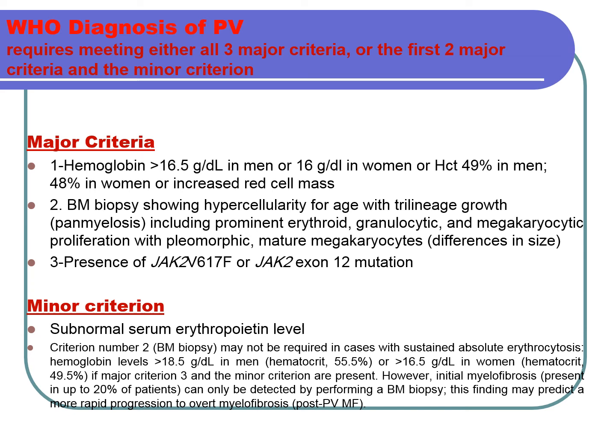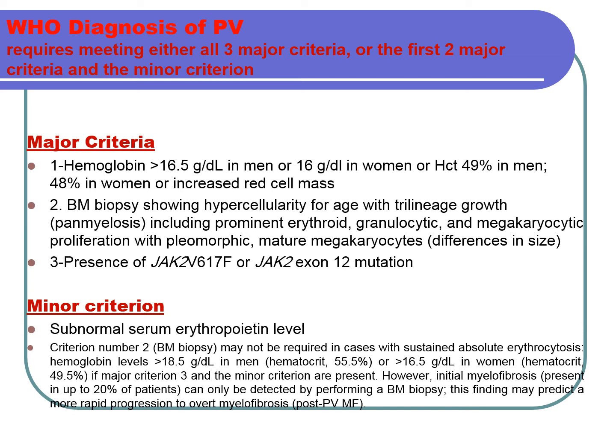For example, for polycythemia vera, the WHO says we have to have all three major criteria, or the first two major and one minor criterion.